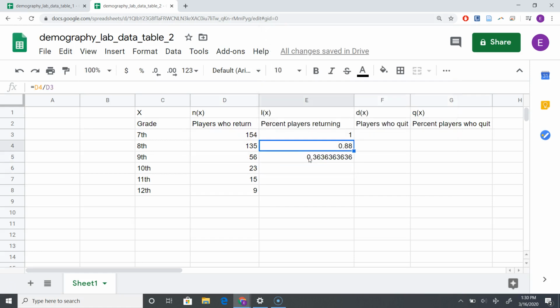That's pretty low. Let's do this. There we are. Let's keep calculating these. So we're going to say equals D6 divided by D3.